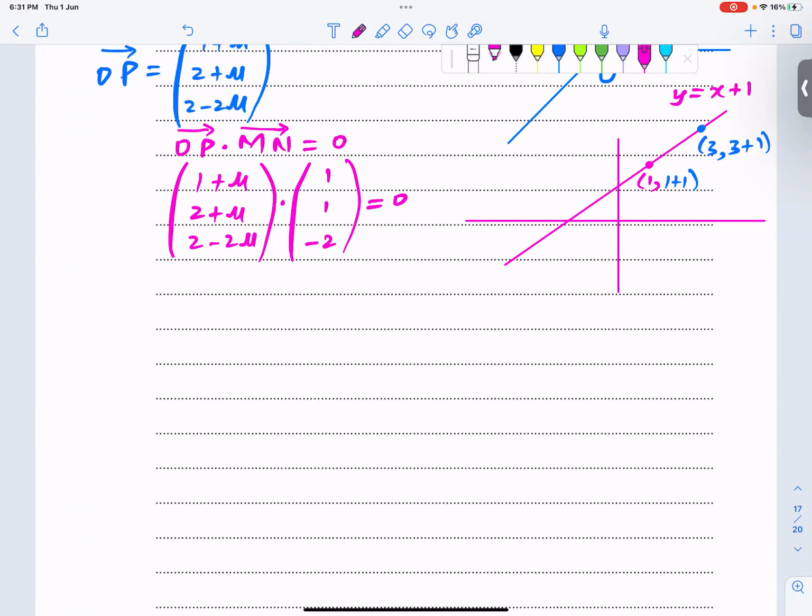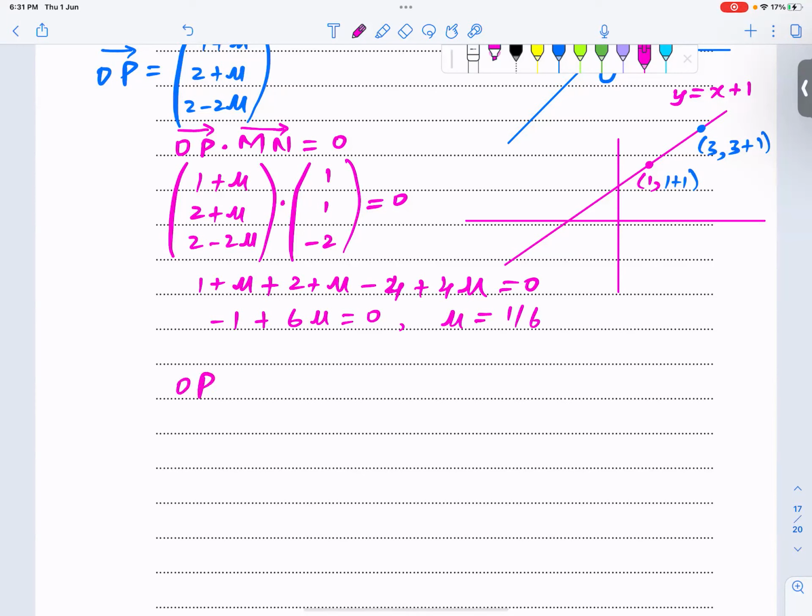So take the dot product, multiply component-wise. 1 plus mu into 1 will be 1 plus mu, then 2 plus mu, then minus 4 plus 4 mu is equal to 0. So this will be 3 minus 4, which is minus 1, plus 6 mu equal to 0. So mu will be 1 over 6.